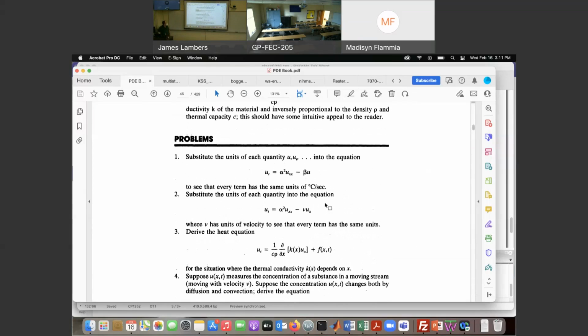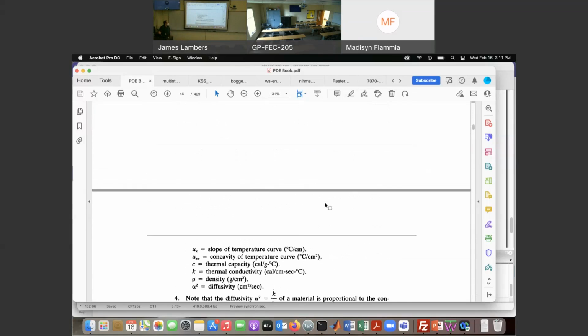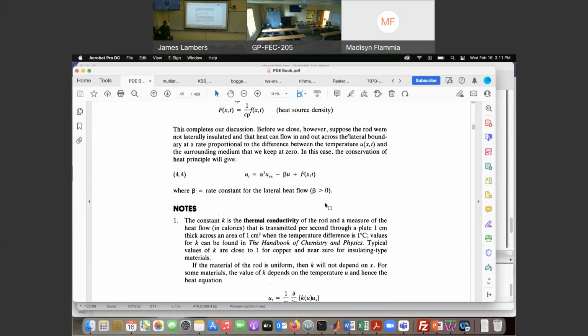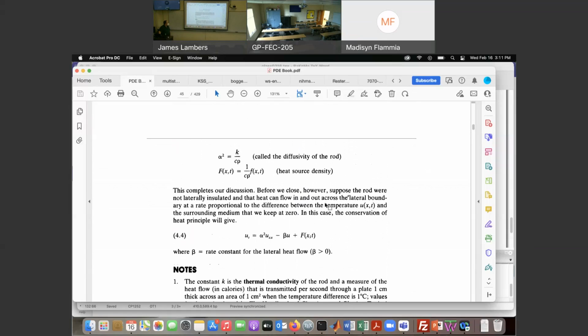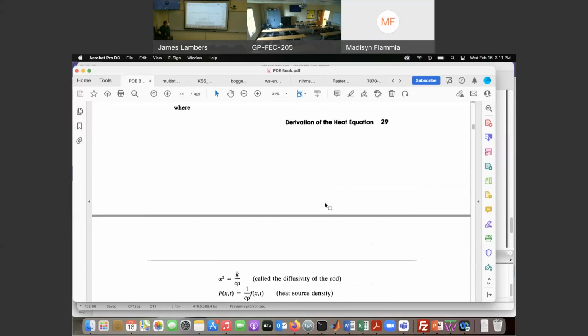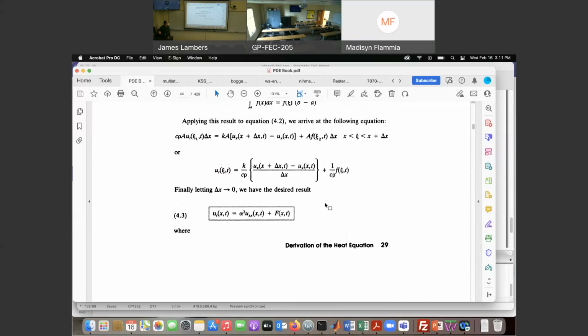When I go with the mean value theorem, what I end up with is I still end up with k of x outside of the parentheses.